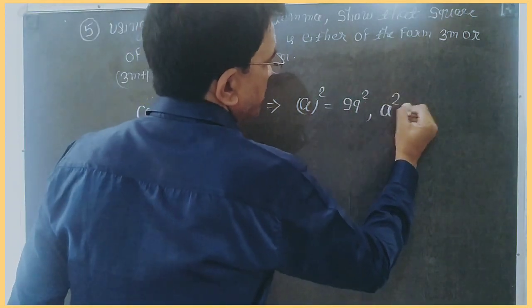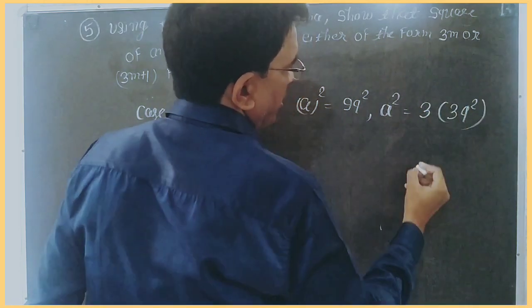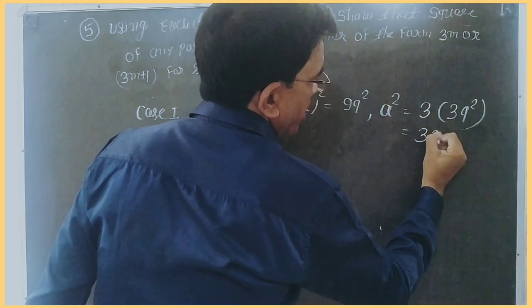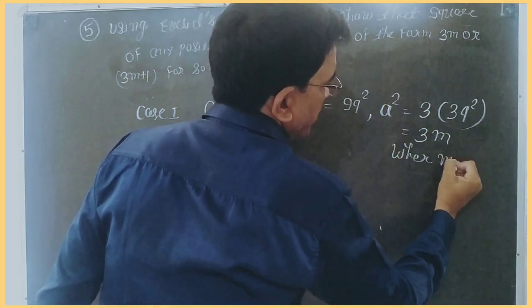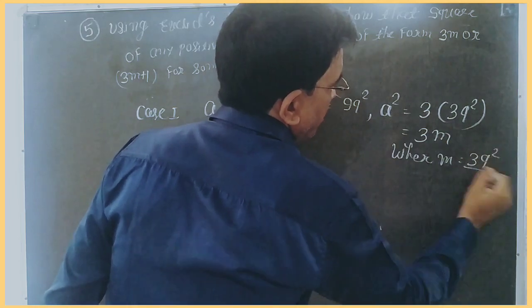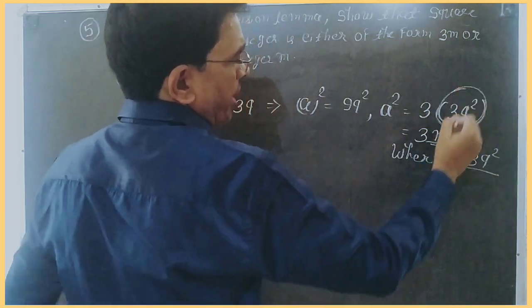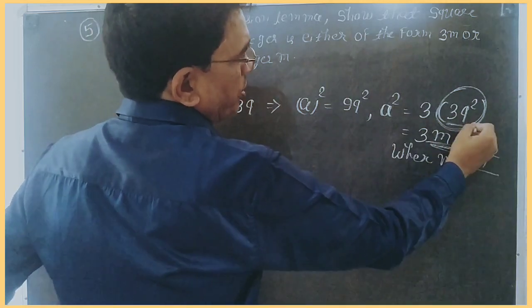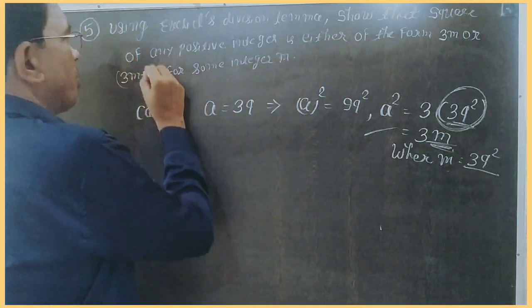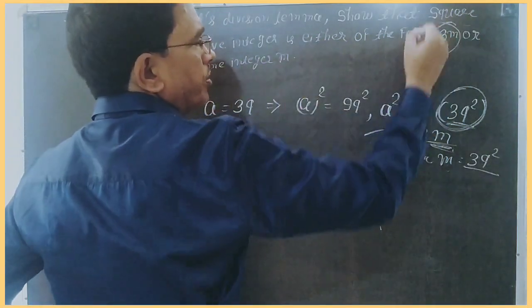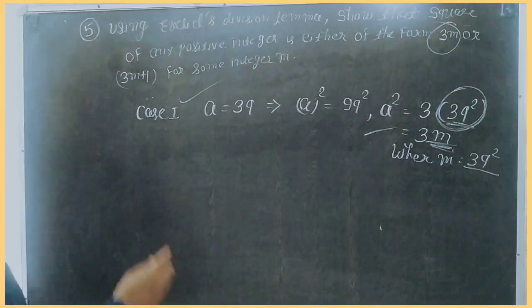Hence you write a square is equal to 3 into 3q square, and it is 3m, where m is equal to 3q square. M is the variable, so at different times m is different. So at the place of 3q square, write m, then it is in the form of 3m. So your question is either 3m or 3m plus 1. So first case, it is in the form of 3m.